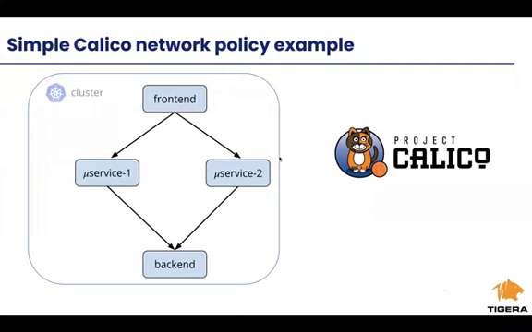What we're going to do after we get our cluster up and running is we're going to deploy a sample network policy example. What we see here is a typical application that you might deploy to a namespace inside of your Kubernetes cluster. It's got a front-end web interface, a couple of different APIs that the web UI talks to.